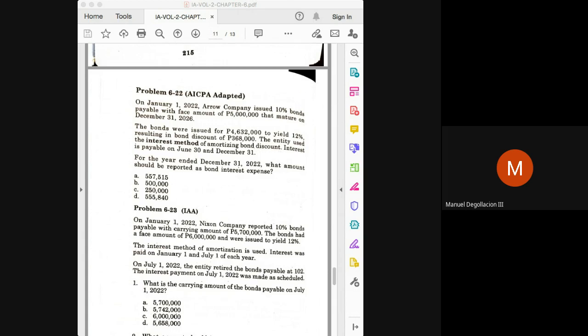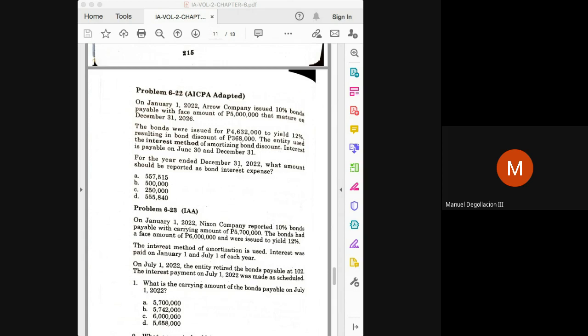And since our interest expense was 277,920, that means there is an amortization on the discount for the first half of the year amounting to 27,920. Okay, and with this, we can already update the balance of our discount. We can already get the remaining discount or the unamortized discount at the end of the first half of the year.